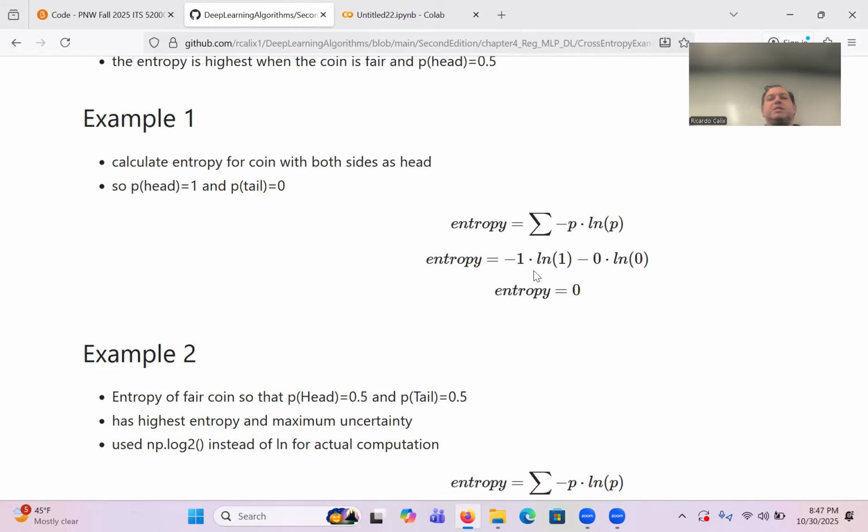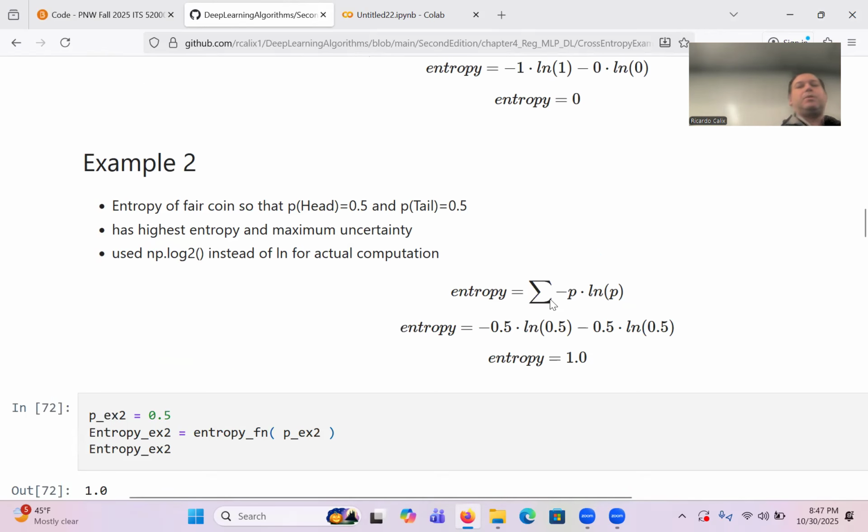Because it's a binary problem, we have negative 1 times the logarithm of 1 plus negative the other probability, 1 minus 1, which is 0, times the logarithm of 0. Do you see that? If we compute this, the entropy is 0, which translates exactly to what we wanted, because there's no uncertainty. You see that the metric works really well.